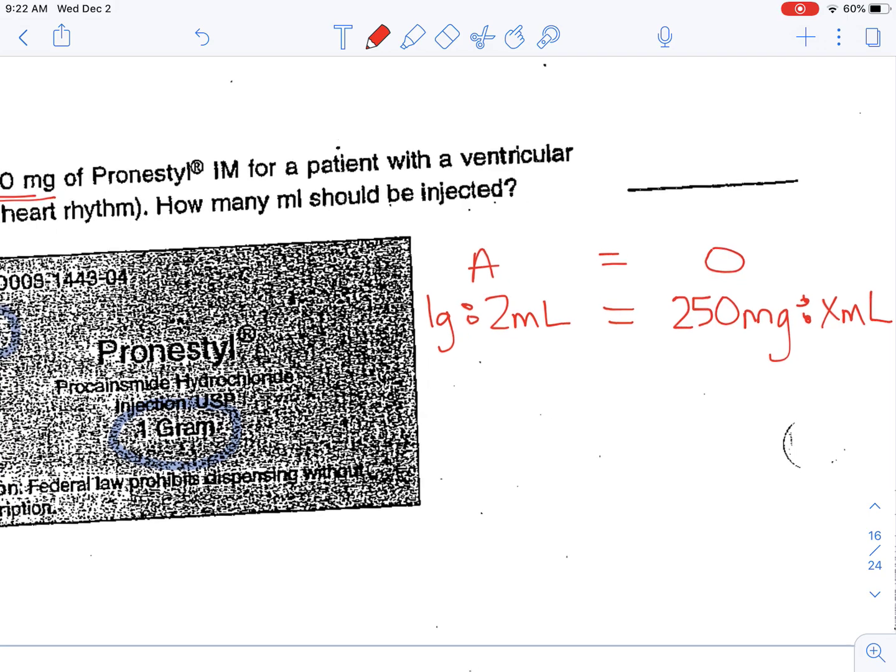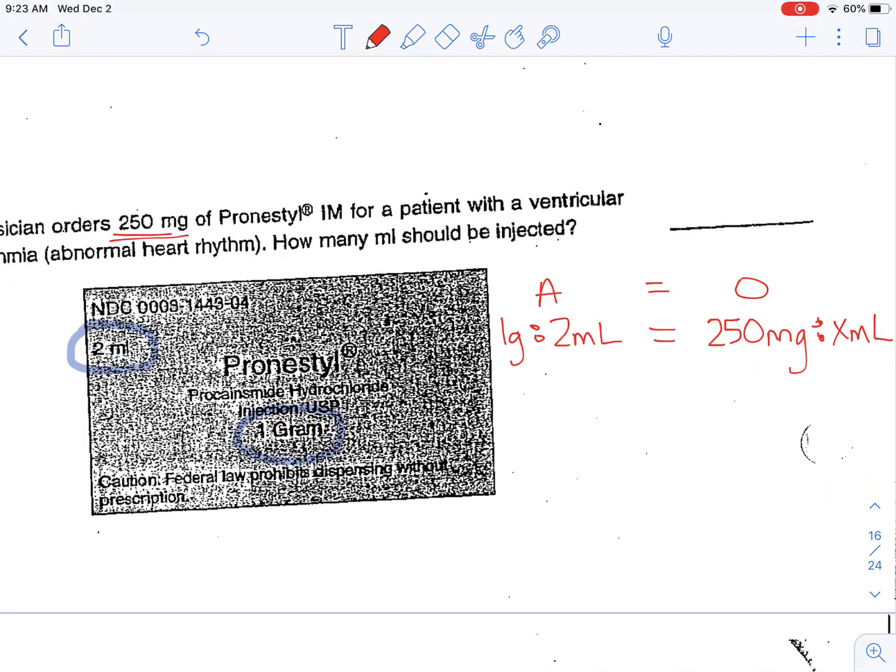And we're going to stop and pause and make sure that all of our units match. And they do not match because this says gram and this says milligrams. So my advice to you is to change this gram to milligrams. So it would be 1,000 milligrams in 2 milliliters.